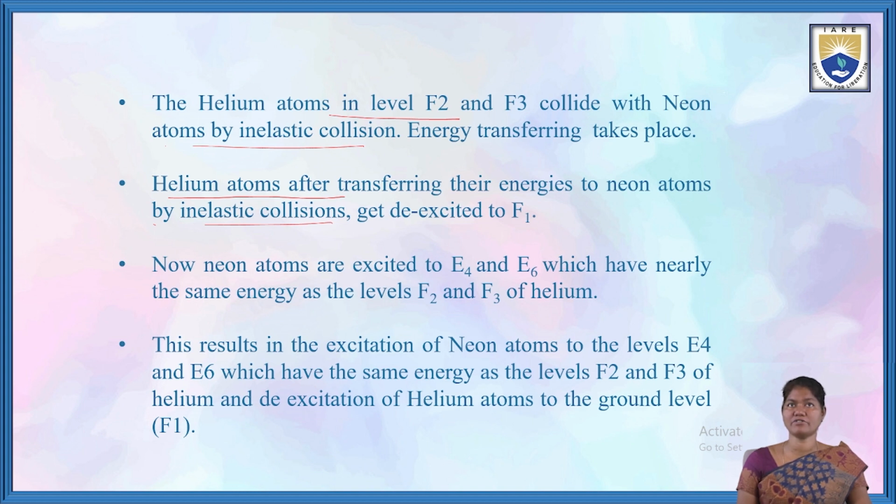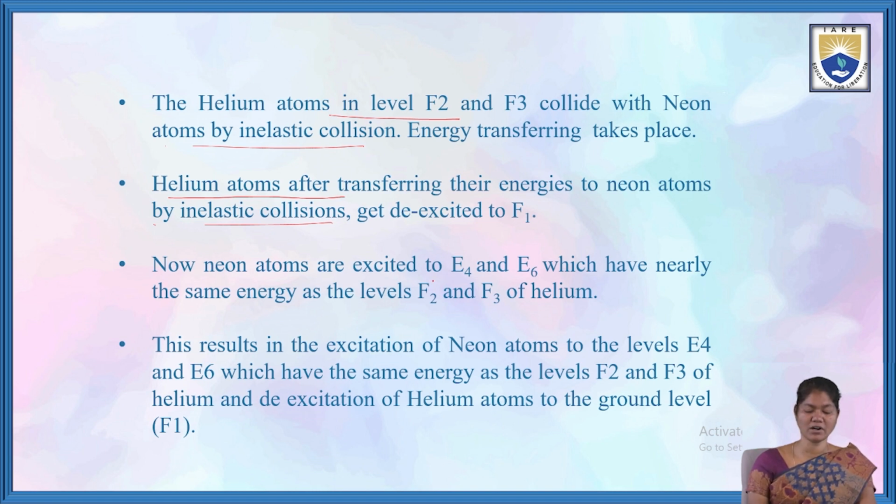Because of inelastic collision, the energy is transferred to neon atoms. So these helium atoms get de-excited and transit to F1, a lower energy level. Now, the neon atoms are in the excited state.